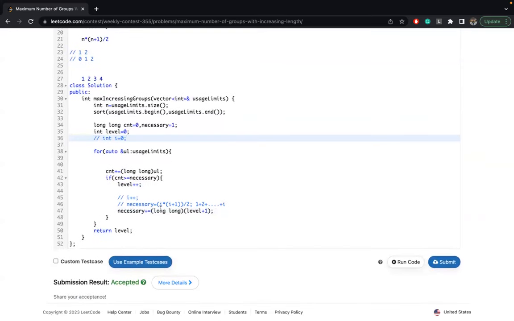So this way, every time I'm checking and I'm increasing the level when it's above the necessary, and it's also making sure that we take all the values having lesser counts. So yeah, those two conditions, and this is the answer. I think this has time complexity of order of n. I think this should be minimum.